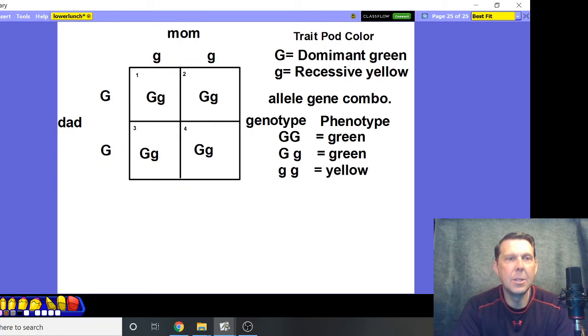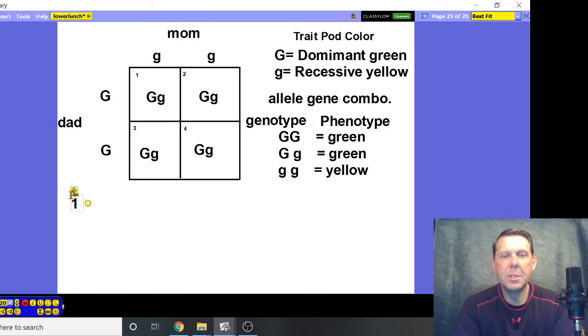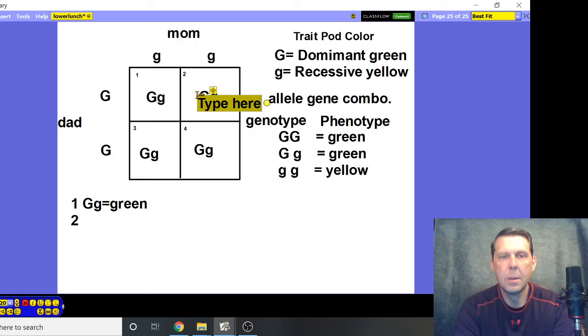All right. So now let's look at the probability of the offspring. Block 1. What's the genotype? It's capital G, lowercase g. That means it's going to be green. Block 2, this offspring, capital G, lowercase g equals green.